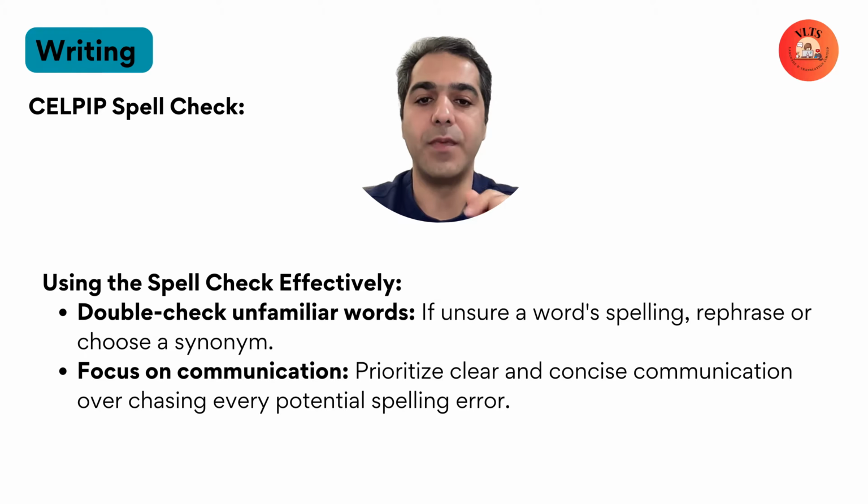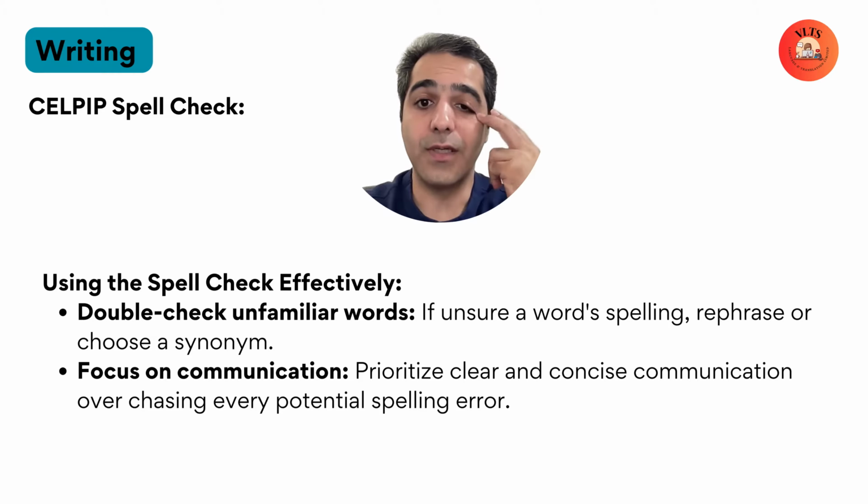Also, double check unfamiliar words. If you're unsure of the spelling of a word which is a little bit strange to you, you know that word but you don't remember the spelling, try to use a synonym or rephrase it. But again, be sure that you're conveying the same message using that word.